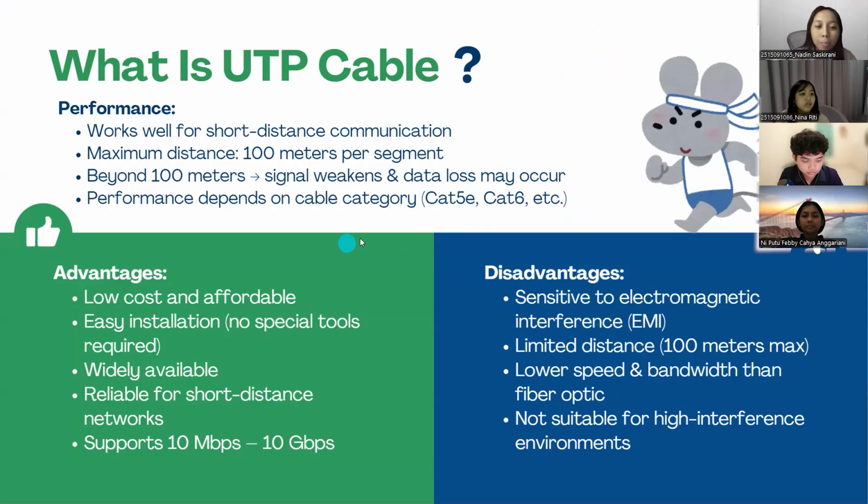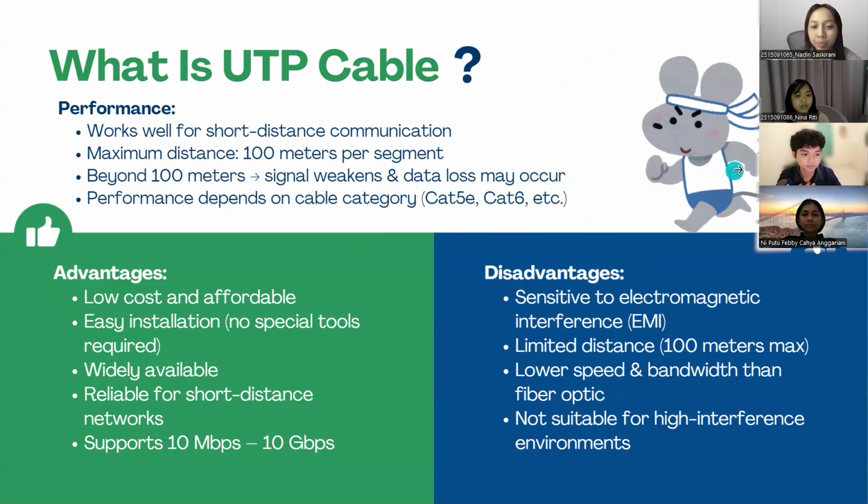Next is performance. It works well for short distance communication. The maximum distance is 100 meters per segment. Beyond 100 meters, the signal will be weakened and data loss may occur.